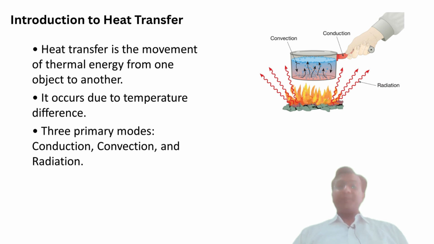In engineering, mastering heat transfer allows us to optimize systems, reduce energy waste, and improve safety. Over the next few slides, we will break down each mode of heat transfer, starting with conduction, and discuss the laws which govern them. By understanding these mechanisms, you will see how they work in real-world scenarios, from cooking to climate control.